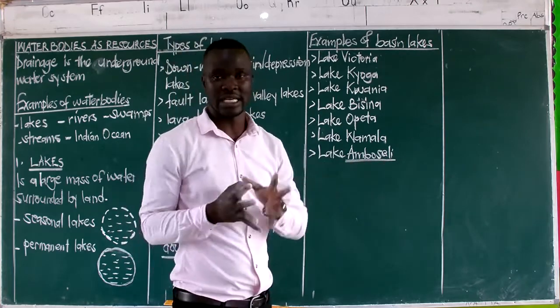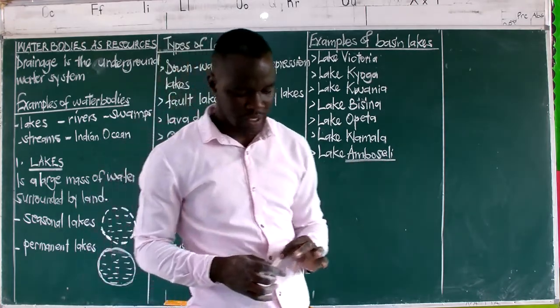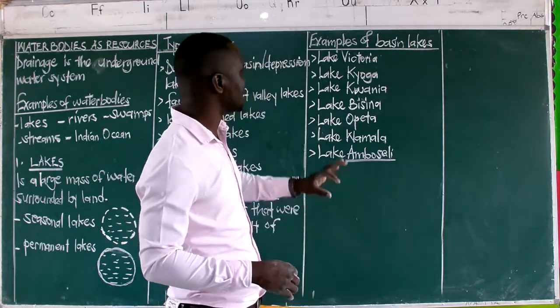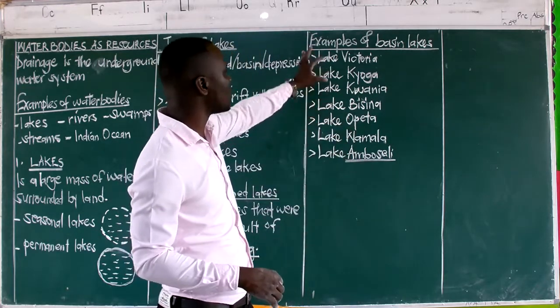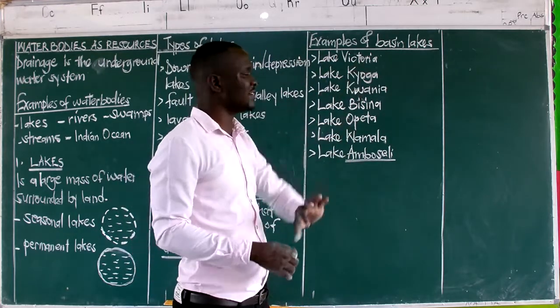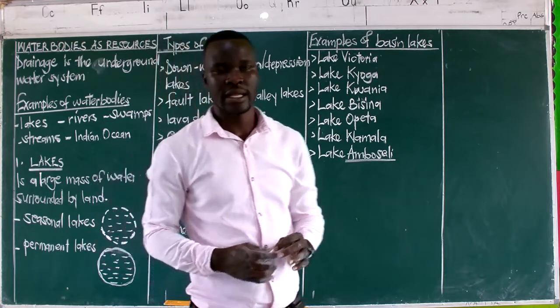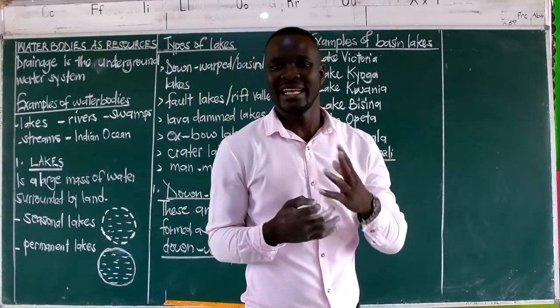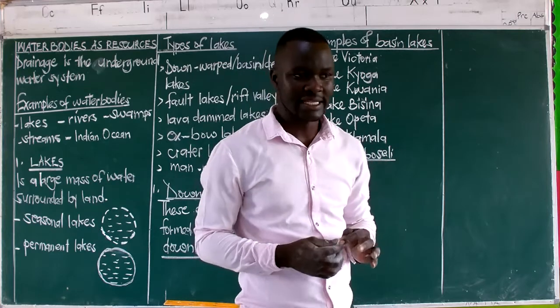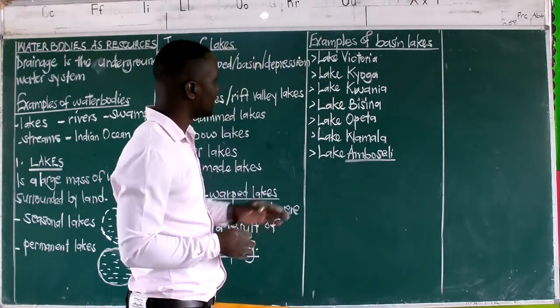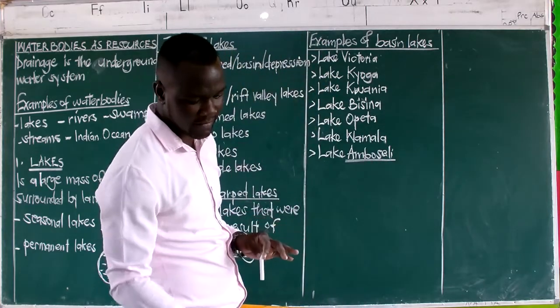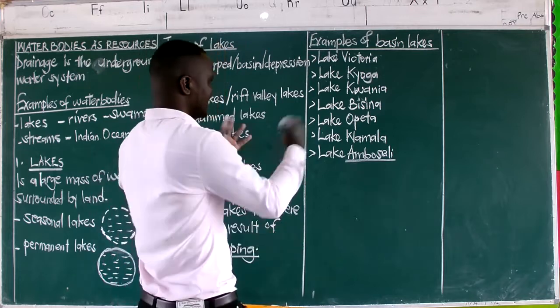We need to have that. We have the note in our workbook which tells us that out of these lakes, it is Lake Victoria which is the largest downwarped lake that we have in East Africa.